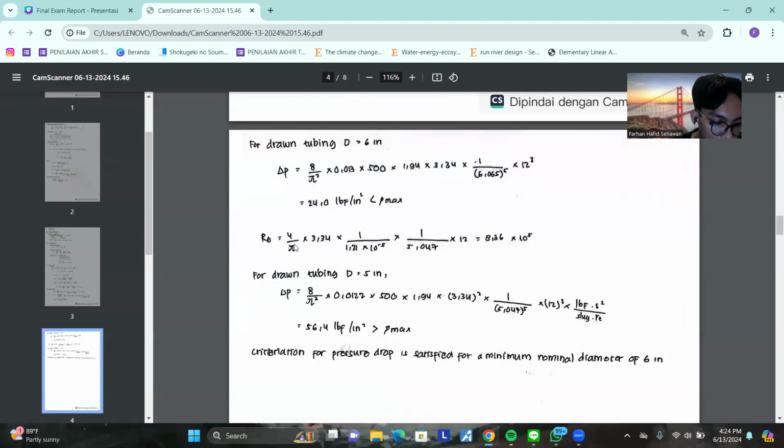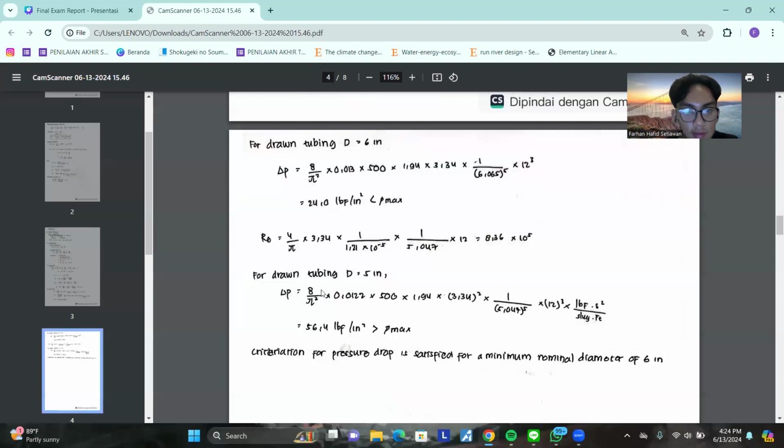Jadi we define some Reynolds number. Ini Reynolds numbernya kita gunakan 5.047 untuk kita mengecek sekiranya kalau misalnya 5 inci itu dia bakal lebih atau kurang dari P max gitu. So now we get the Reynolds number by these equations.